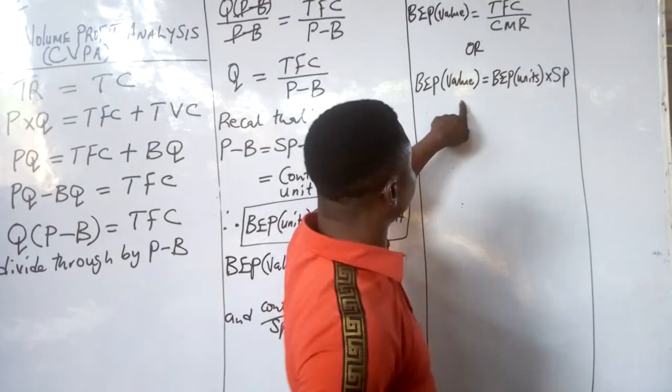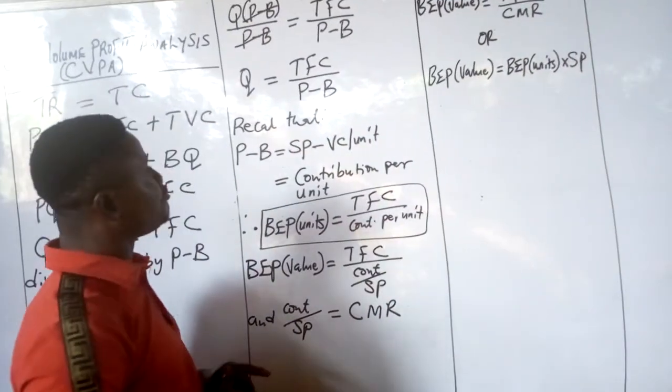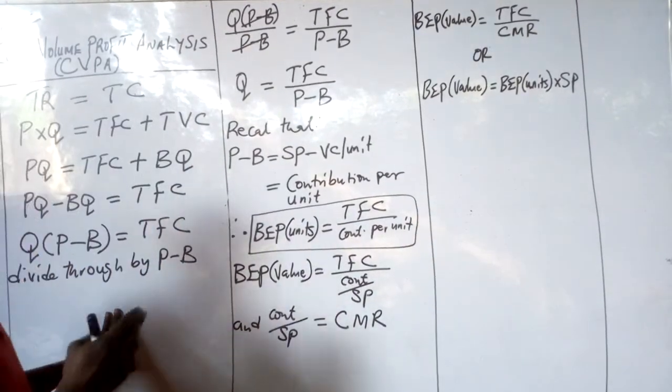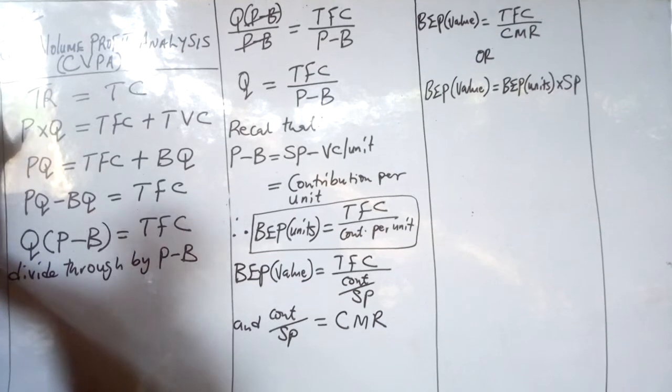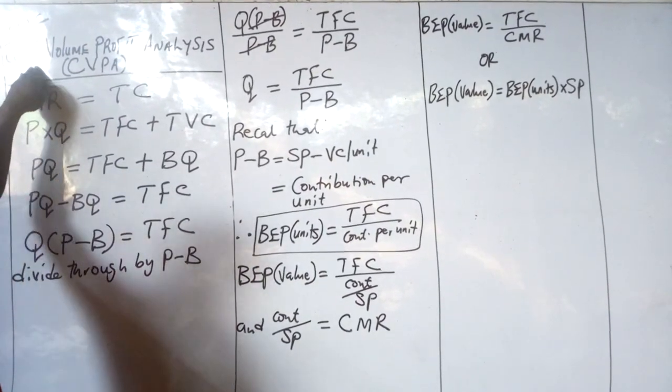So if you do this, or you do this, you are going to arrive at the same answer. So this is the formula that will be used to calculate questions relating to break-even points under the cost volume profit analysis.